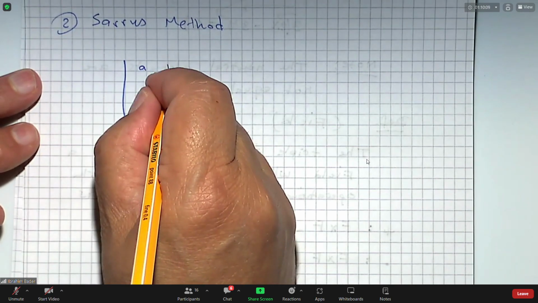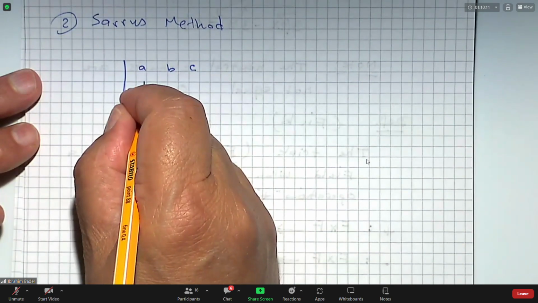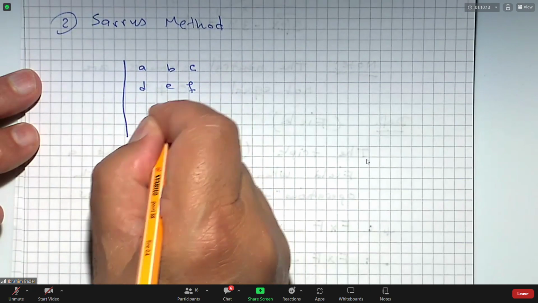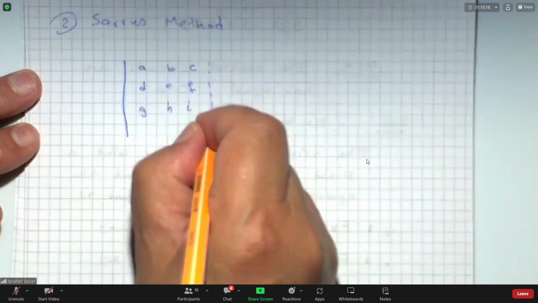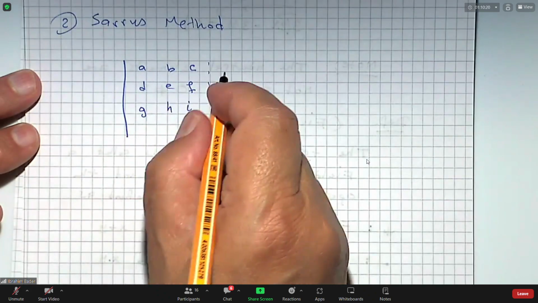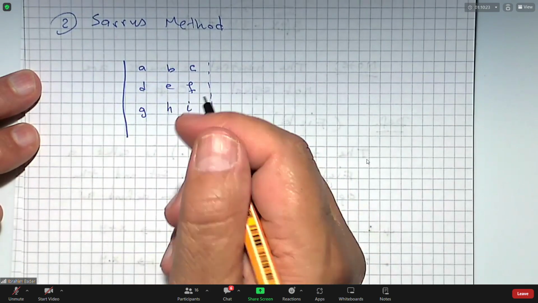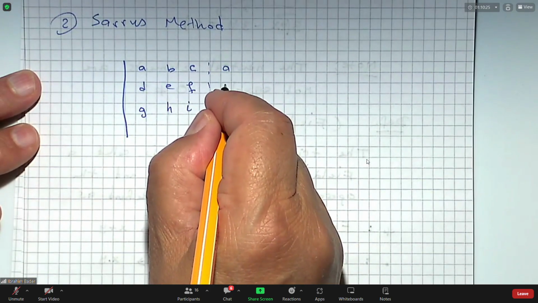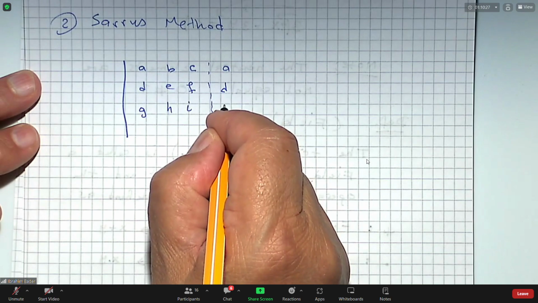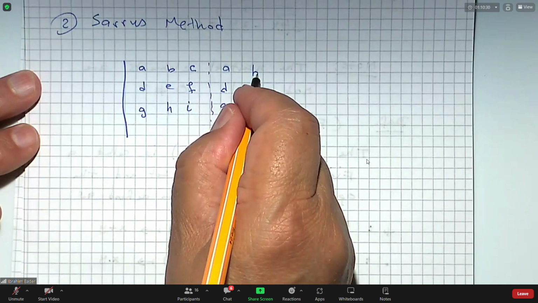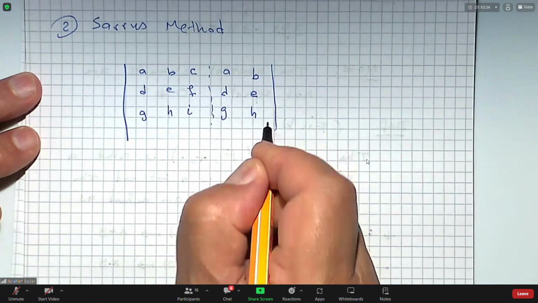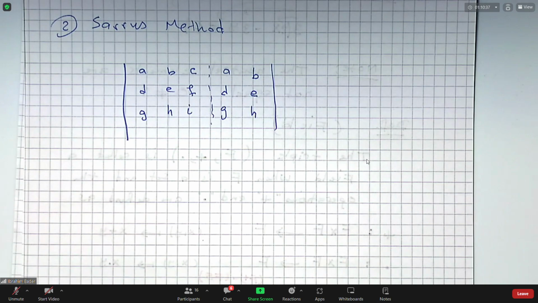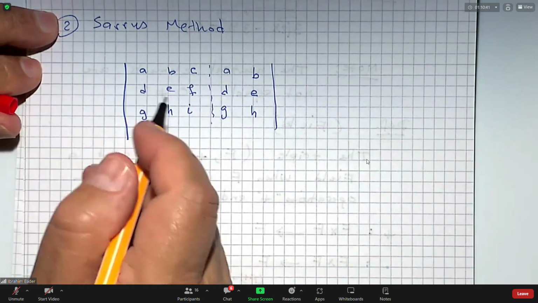Let's take the same matrix. This method says you just duplicate the first 2 columns. So you have here A, D, G, B, E, H. Then you have three diagonals in each direction.